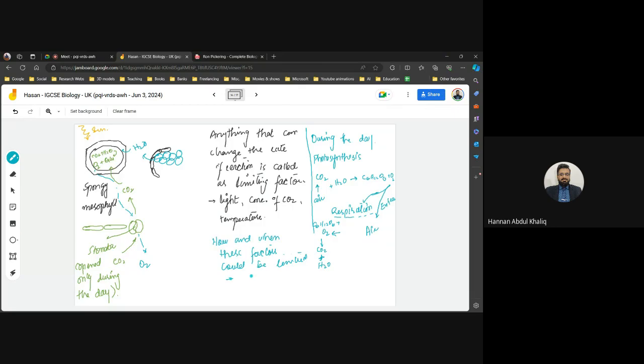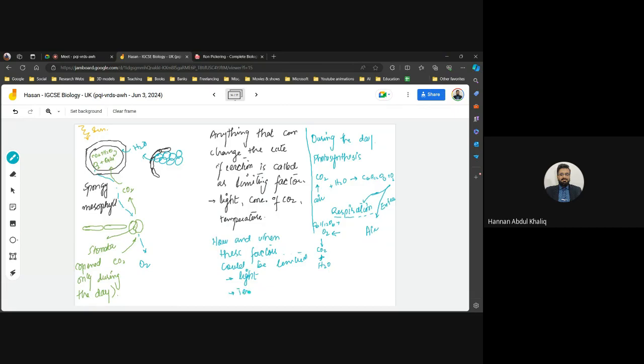Obviously, when the sun rises, the light is at a very ideal point, which means it is no longer a limiting factor. But at the very beginning of the day or at the end of the day, the light becomes a limiting factor.